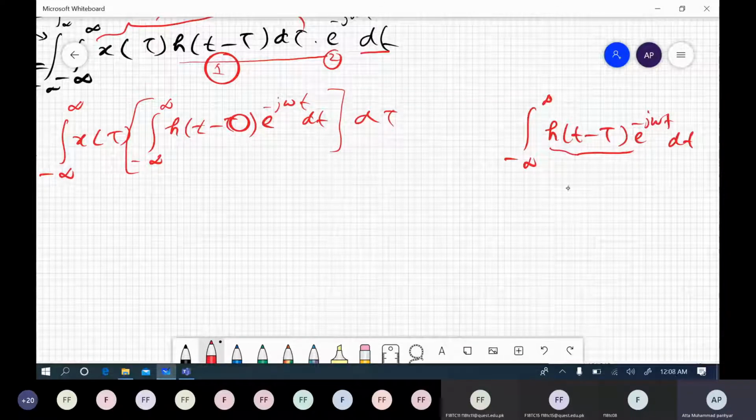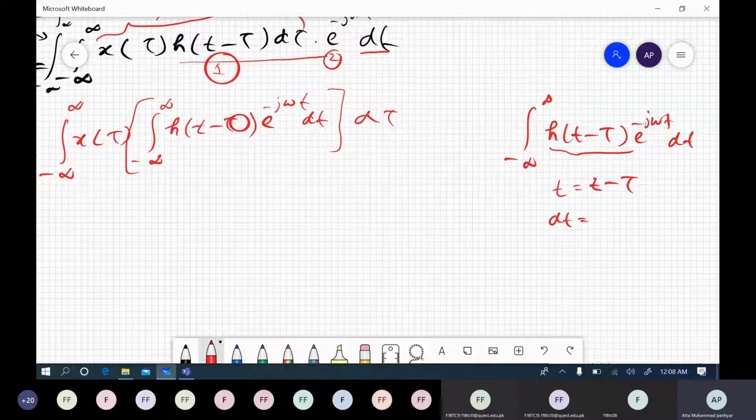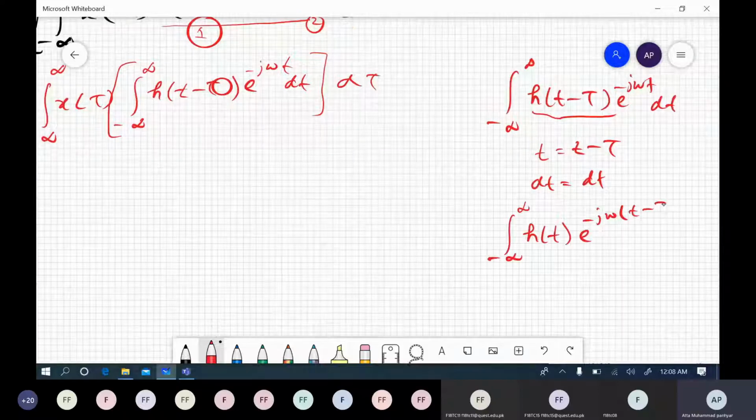If I replace t with t minus tau, then dt is again dt, and this tau is a constant, so it will go away. This would be equal to the integral from minus infinity to infinity of h of t e to the power minus j omega times t minus tau dt.